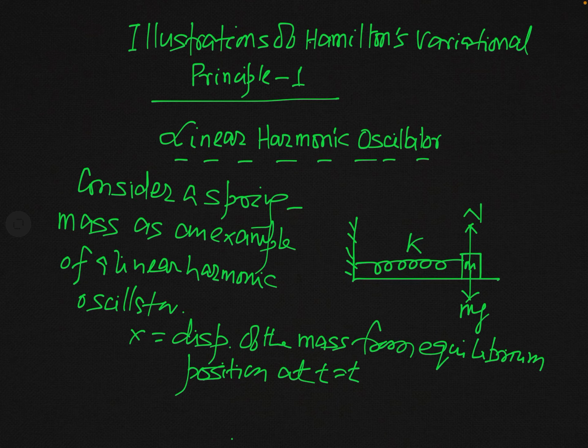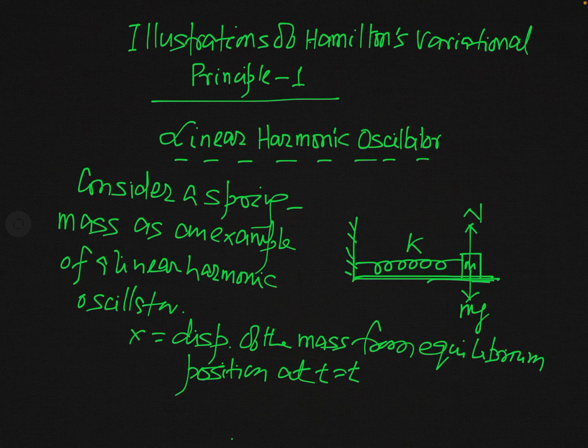As you know, this mass oscillates under the spring force, which is a conservative force, and the position of this mass is always on this horizontal surface, so the constraint is constant. And you know, when the constraint of a system is of this kind, it is known as holonomic.